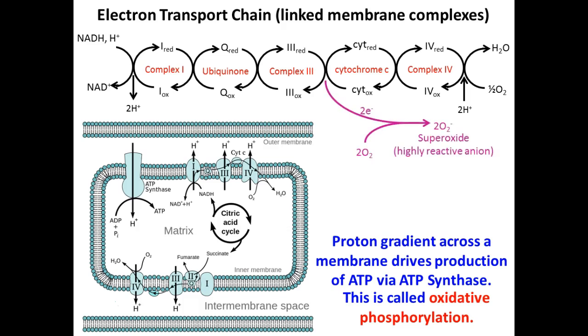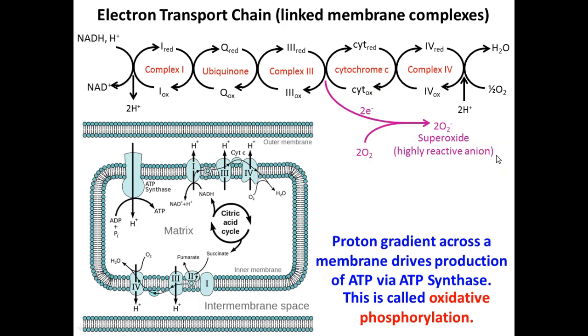The problem with the use of an electron transport chain by an aerobic organism, one that's using oxygen as the final electron acceptor, is that sometimes electrons will leave early in the chain, and the oxygen will pick up the electrons, and you'll form superoxide radicals.